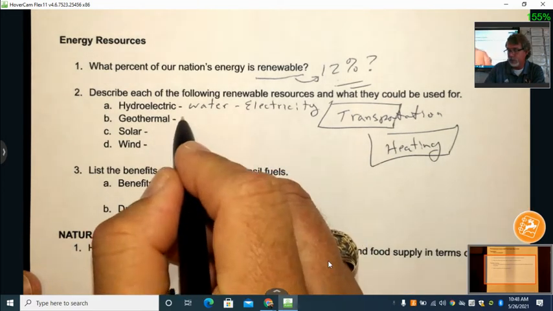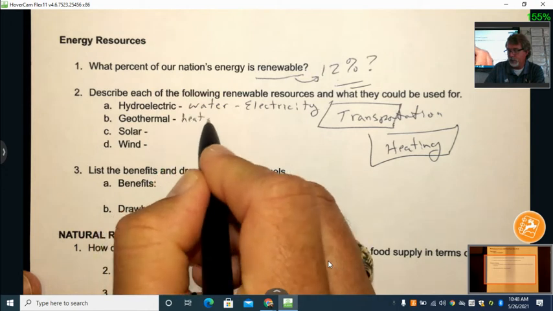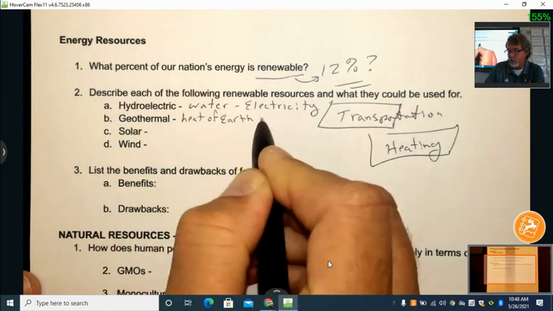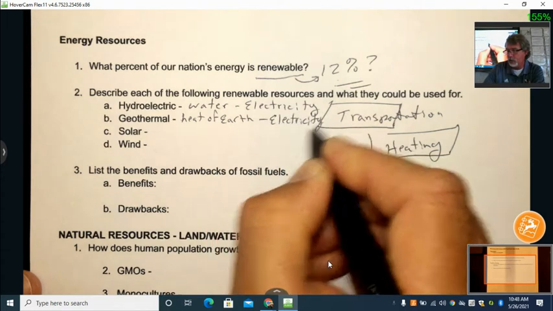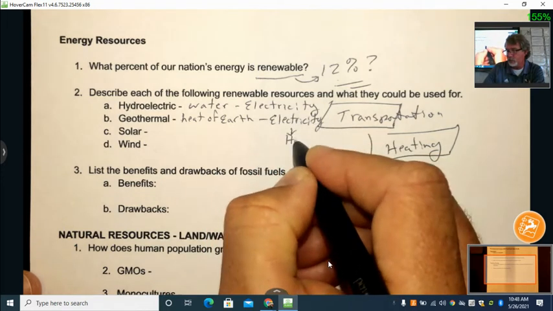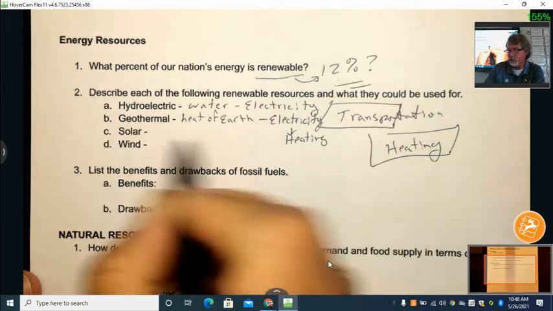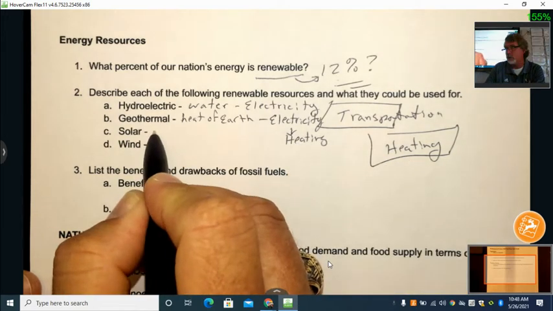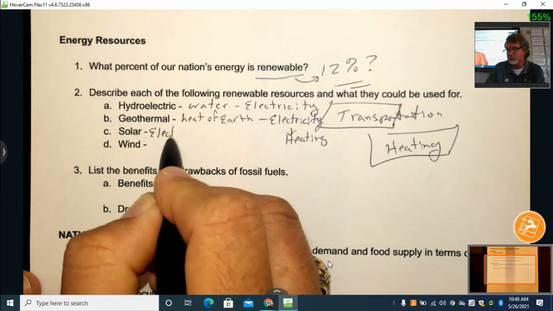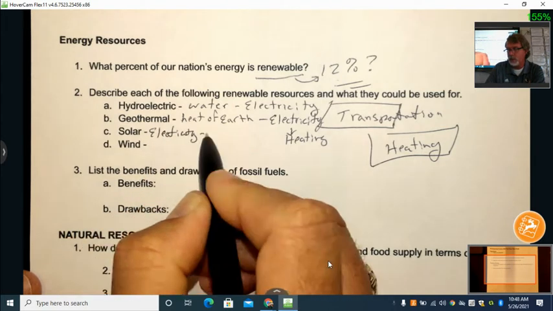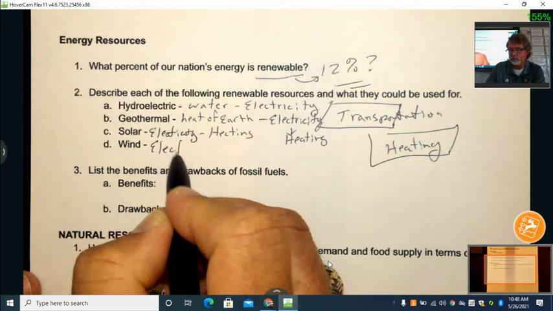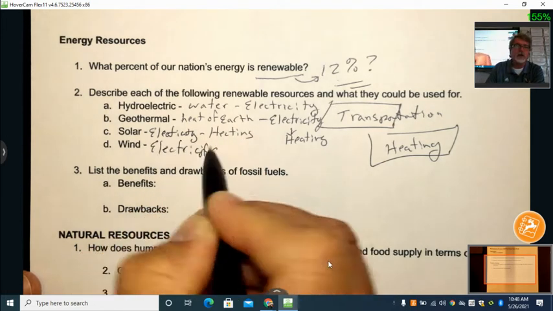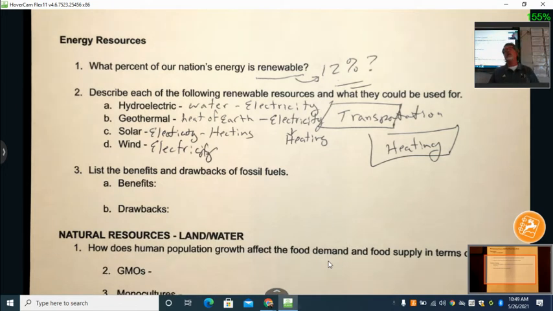Geothermal is heat of the earth, and we can use that for electricity, and it can be used for heating homes. Solar, y'all know what solar is. Solar is used for electricity and heating, and wind is just used for electricity. We can't use wind to heat our home, okay, but you can use it to produce electricity.